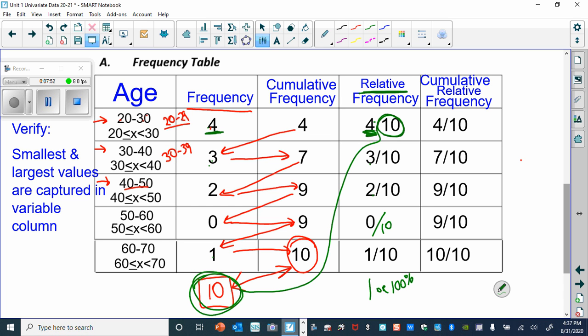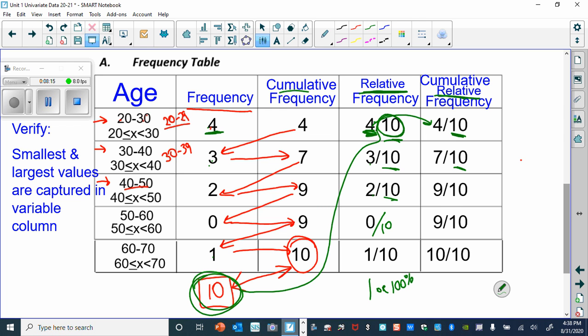Then we have the cumulative relative frequency. And so now we're combining the cumulative frequency with the relative frequency. And so we're going to do the same exercise. We start with 4, and that's 4. But it's relative frequency out of the 10. So we're always going to have 10 in the denominator, just like we had 10 in the denominator on here.